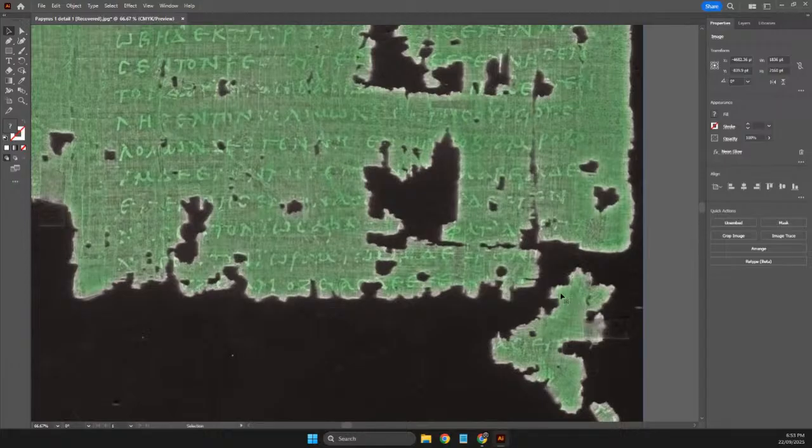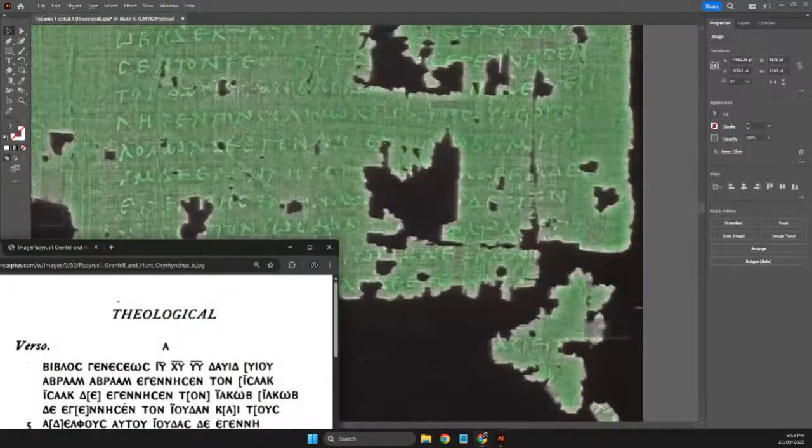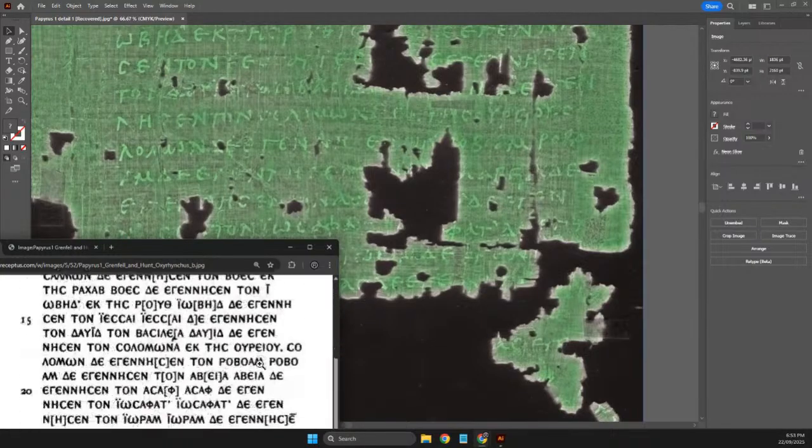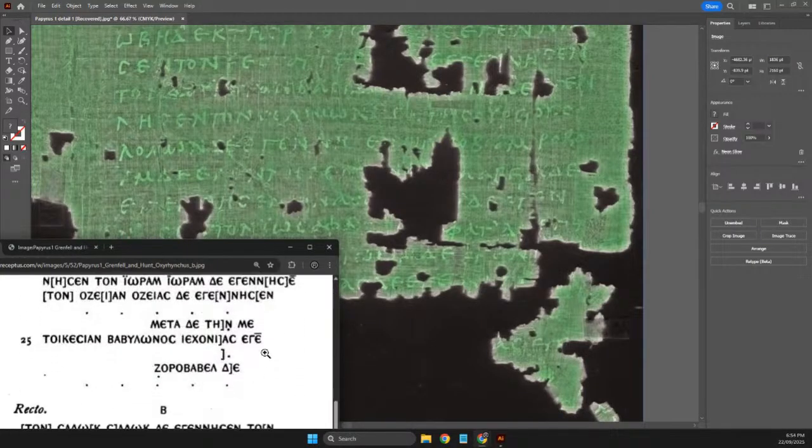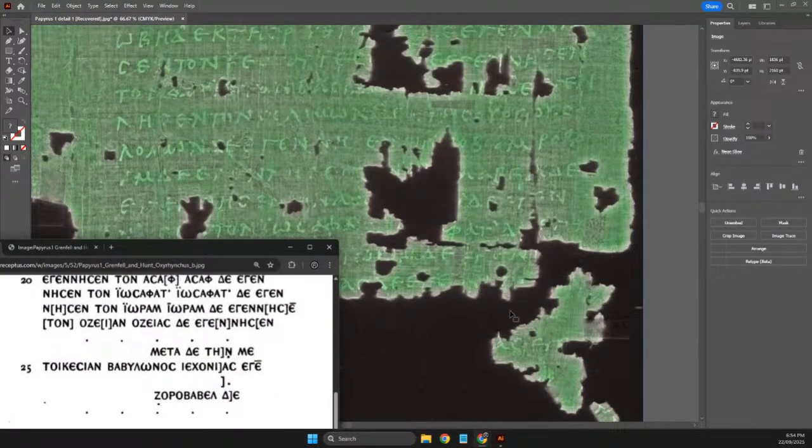That looks like a meme there, but I'm not sure if that's marked. Let's have a look. Okay, so it does look like it, but sometimes it can just be the patterns of the manuscript.